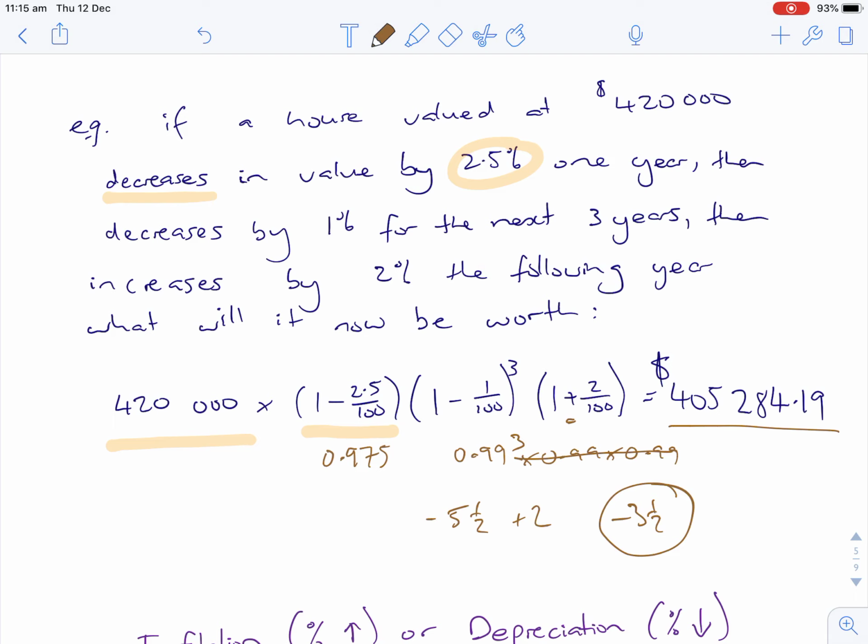Now, the reason that's going to be wrong is that when I start this 1% in my second year, it's not 1% of the original amount, it's 1% of the already decreased amount. And same for the following year. Again, it's not 1% of the original amount, it's 1% of an amount that's now already declined twice. And so you have to be super careful to make sure that you actually do use each of the multipliers in the correct order.